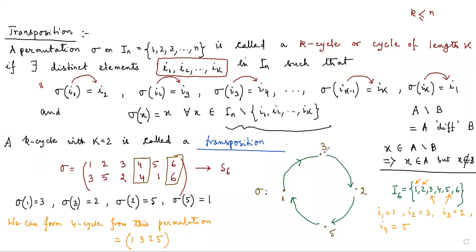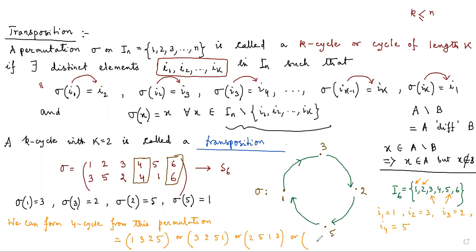Now, just look at the figure. One may start counting from 3 also. So this 4 cycle can also be written as 3, 2, 5, 1. Some other people can start counting from 2, so they will get 2, 5, 1, 3.